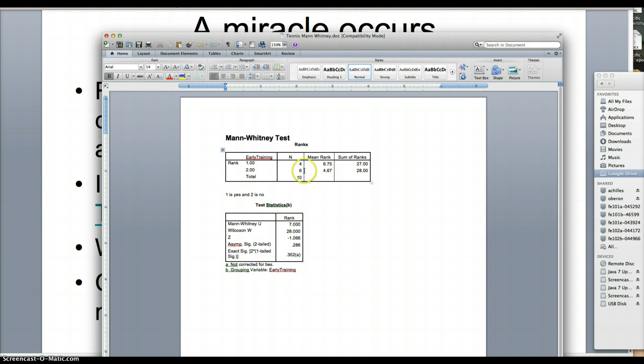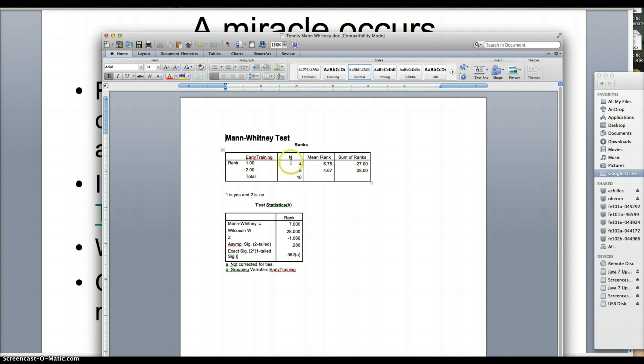Basically, what we're looking for is whether or not there's a change in the ranking, or the ranking has anything to do with early training. So we can see the data is 1 is a yes, they had early training, or 2 is a no, they didn't. How many of each of those there were? Their average rank, ranked 1 through 10, and the sum of those ranks.